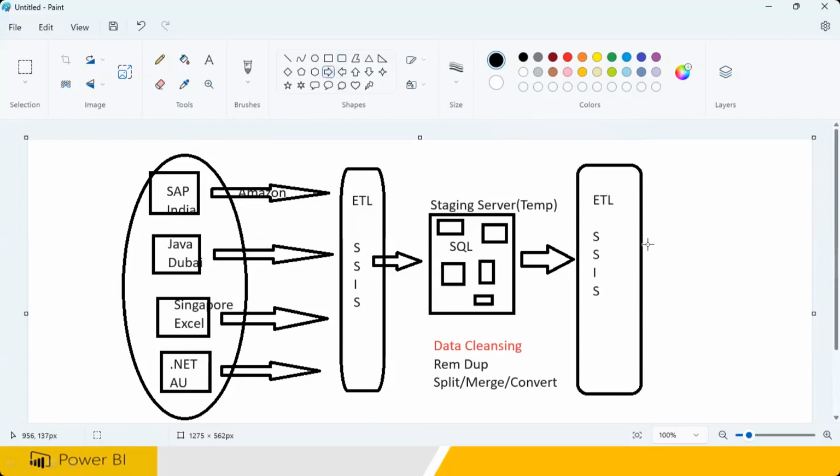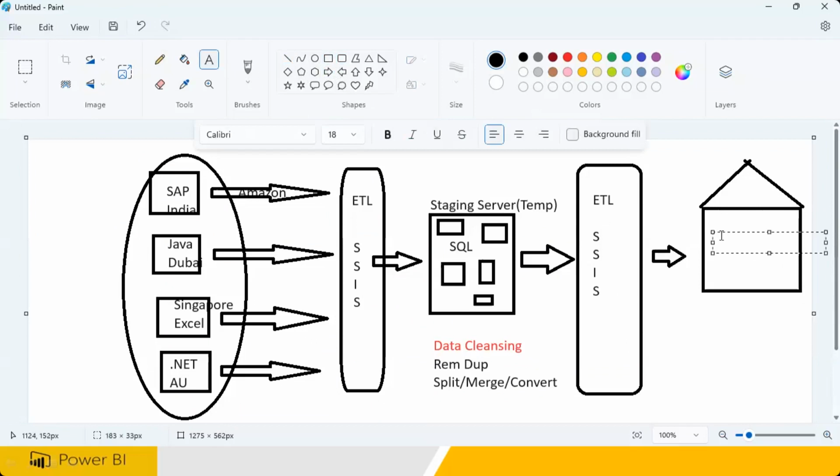The final vegetables, where are you going to place them? In your refrigerator. The refrigerator is called your data warehouse. That is what you need to think of. Data warehouse is a single word. You should not give a space like this, or combine it with the data like this.